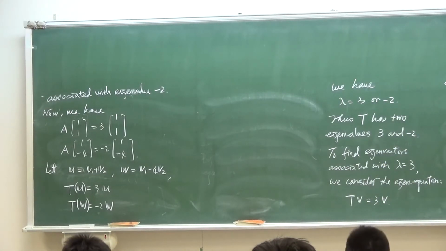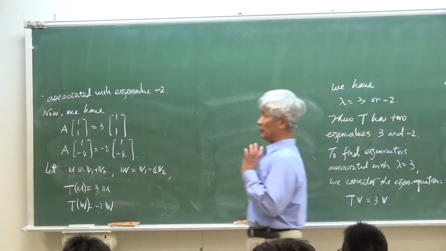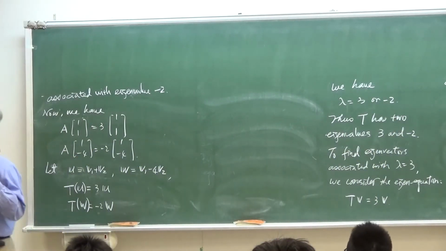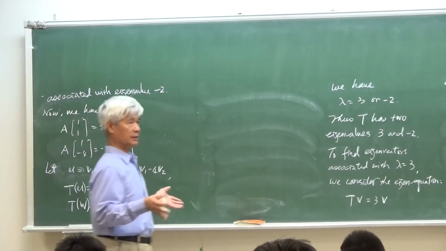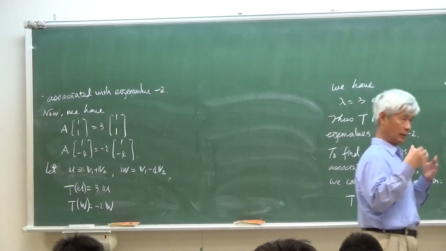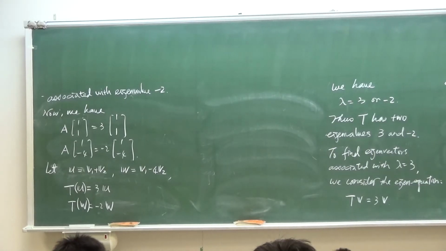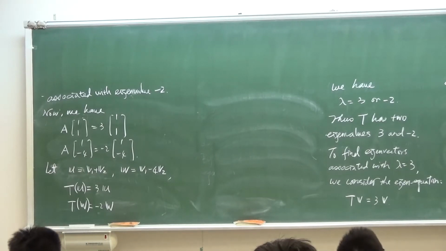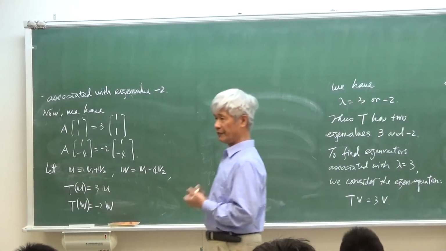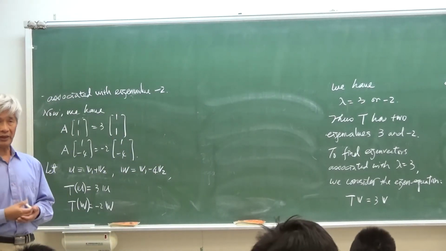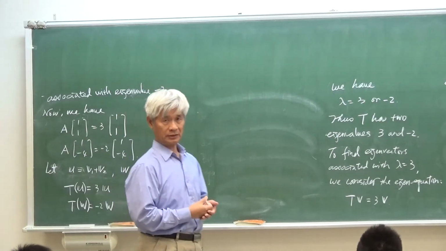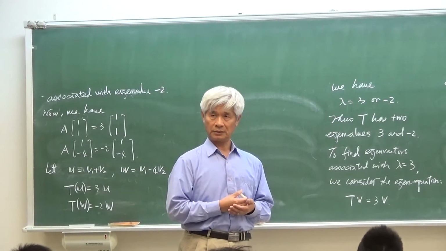Okay. Remember, we define eigenvectors for linear operators. But the technique to find eigenvalues and eigenvectors is by using the matrix representation. You know that, right? So the matrix is our tool to find eigenvalues and eigenvectors of a linear operator.